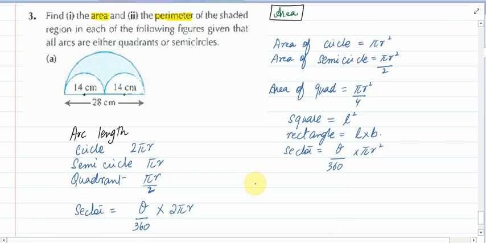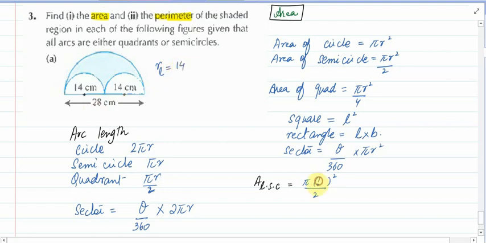Now I'm going to find the area of the larger semicircle. Working formula is pi r square divided by 2, and the radius is not 28. 28 is the diameter, right? So radius of the larger semicircle is 14.